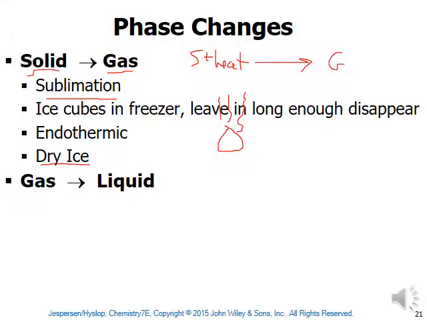Gas to liquid. Okay, you've probably all seen this before. Condensation. In the summertime you go down to your basement, and you'll see that there's water dripping from your pipes. That's because the warm air hits the cold pipes, and it cools the gas down to make it a liquid.